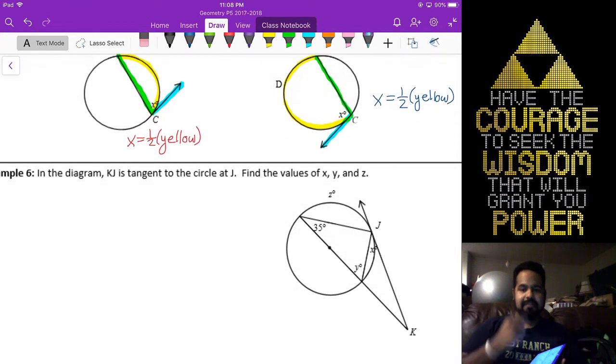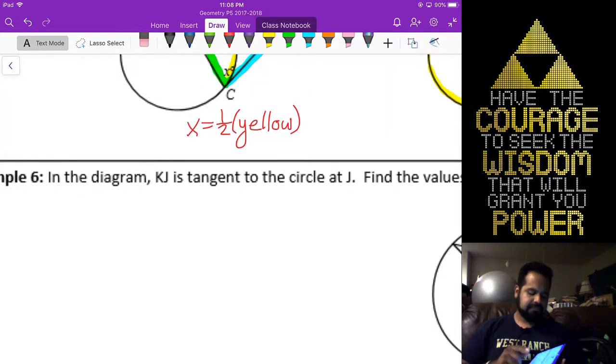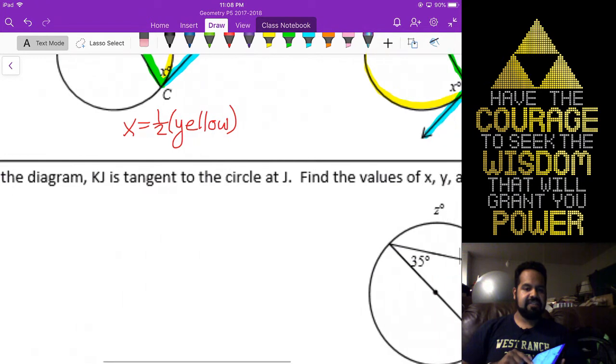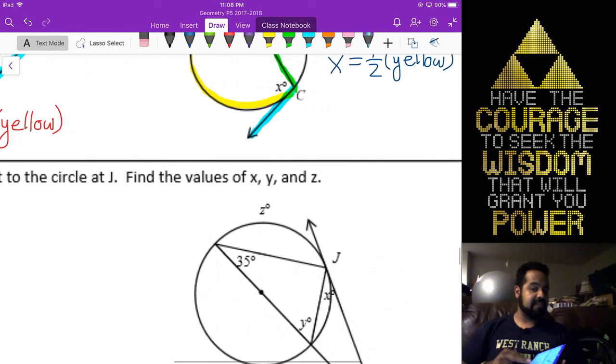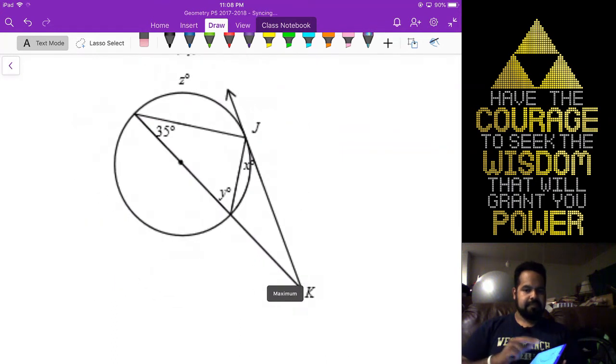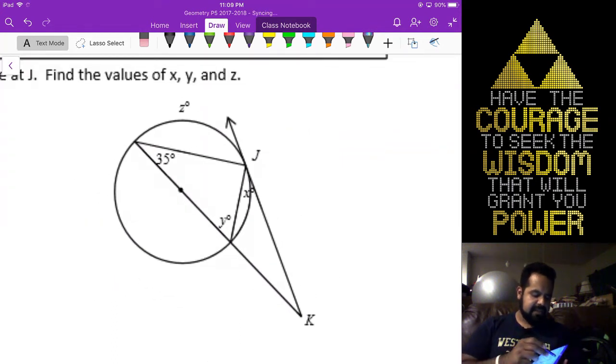Now over here on example 6, we're going to go ahead and apply this to our photo. So again, we know that KJ is tangent to the circle. We're going to find the values of x, y, and z. So right away, we have a diameter.